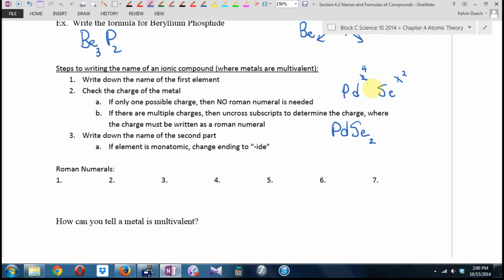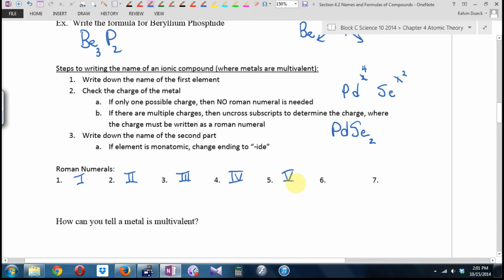Apparently, you need to memorize the Roman numerals for the provincial exam. What's the Roman numeral for 1? IV, V. You probably won't ever get past that because there aren't many multivalents that have more charges, but just in case, VI and VII.